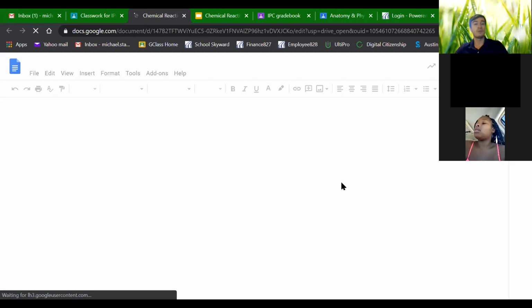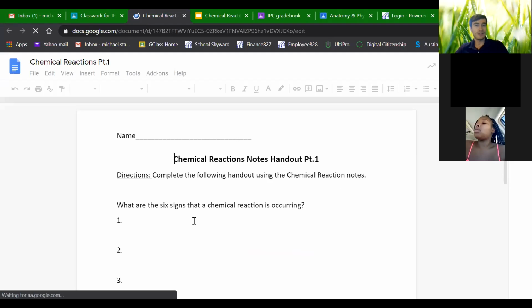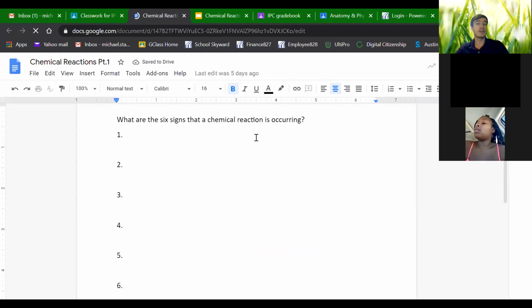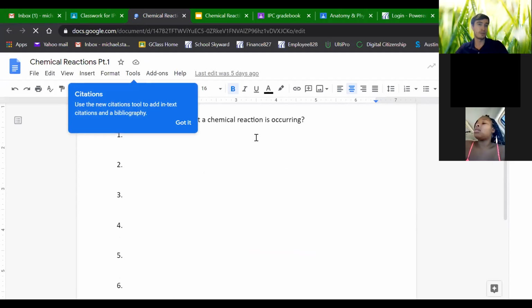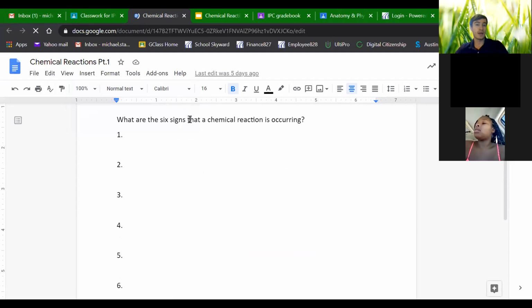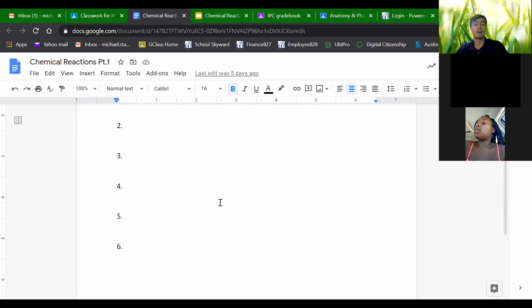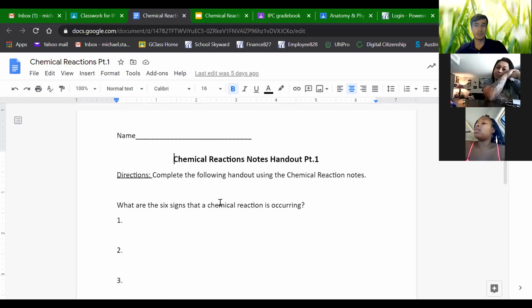Essentially, all I want you to do is list out the 6 signs that a chemical reaction is occurring. So if you want to go back and look at the notes and look in one of those early slides, I talked about all the different ways that you could tell that a chemical reaction was going on, like bubbles being formed or heat being given off or a color change happening. That's what I want you to list for the assignment that got posted today.